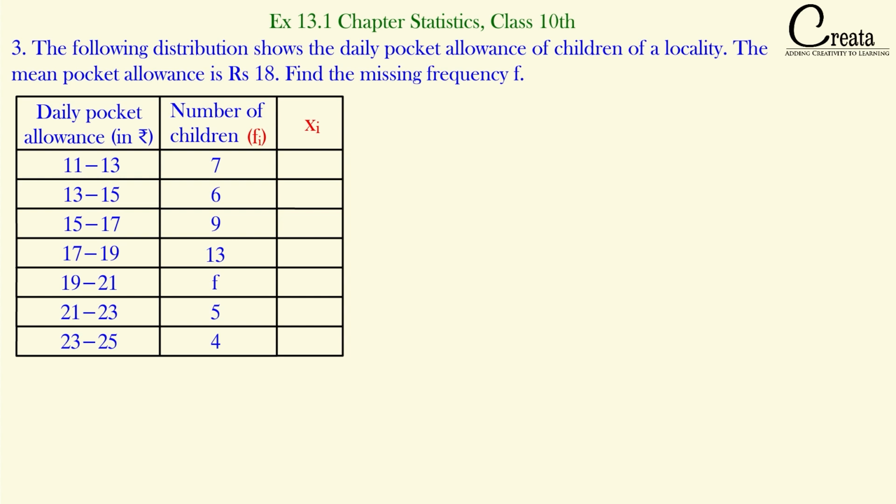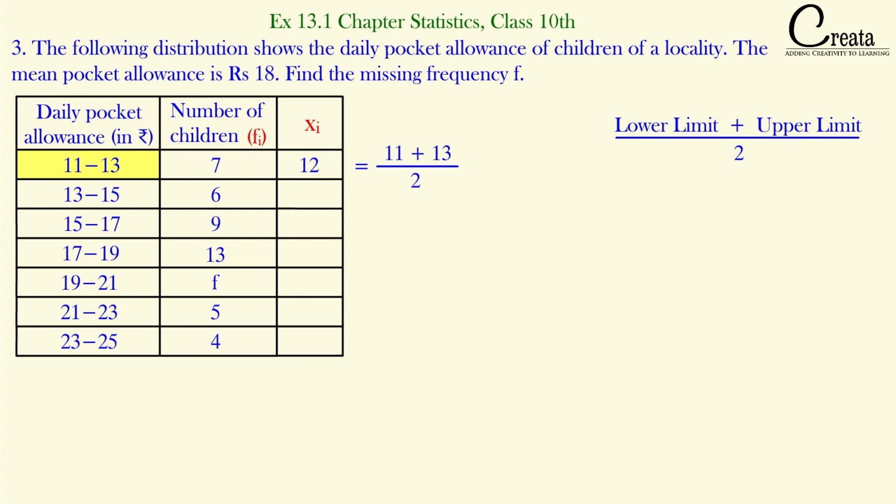How do we find xi? Xi is the midpoint of the range. Let's start with 11 to 13. The midpoint will be 12. We can also calculate using the formula, lower limit plus upper limit upon 2, which is 11 plus 13 upon 2. We got the midpoint as 12, that is the class mark xi, which is also the observation.